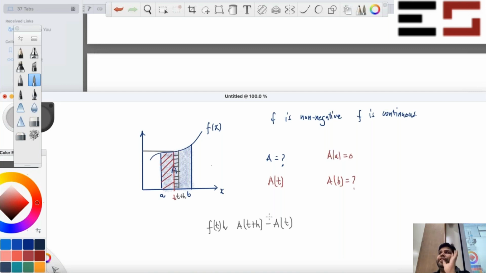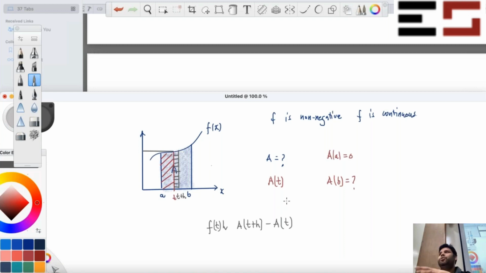It's a rectangle, the area of a rectangle. Now which rectangle is it? Can you tell me, is there any relation between these two terms? They are the same? Are you sure? This is a rectangle, this doesn't look like a rectangle.